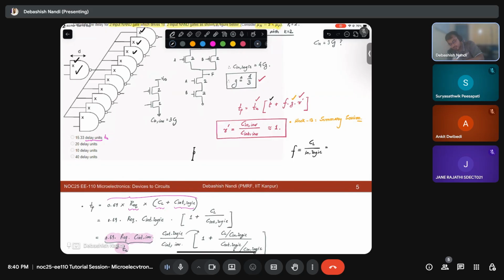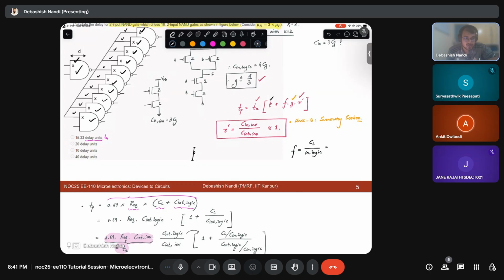These gates are all same. Remember this, if your input gate or the output gate are exactly the same, then you can just count the number of lines connected to it. That is what fan out actually is. But in case in the second stage you do not have exactly a two input NAND gate, then you need to calculate this F carefully, right? Do you understand the point?